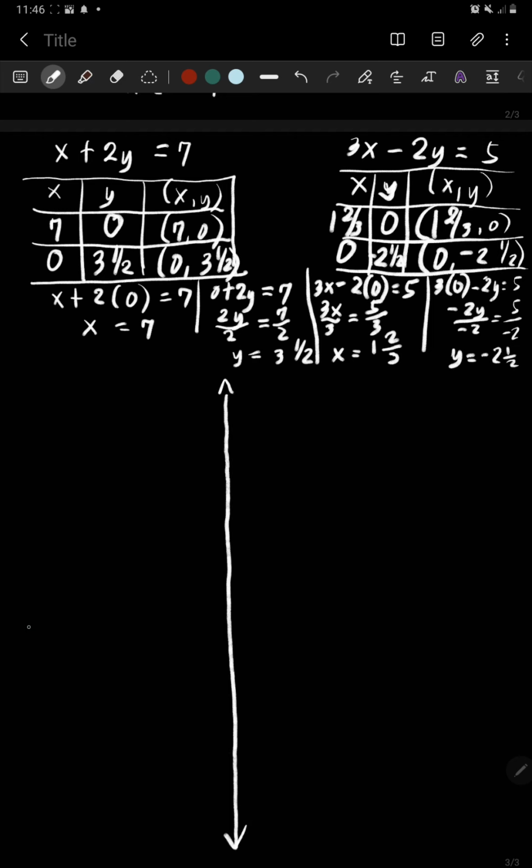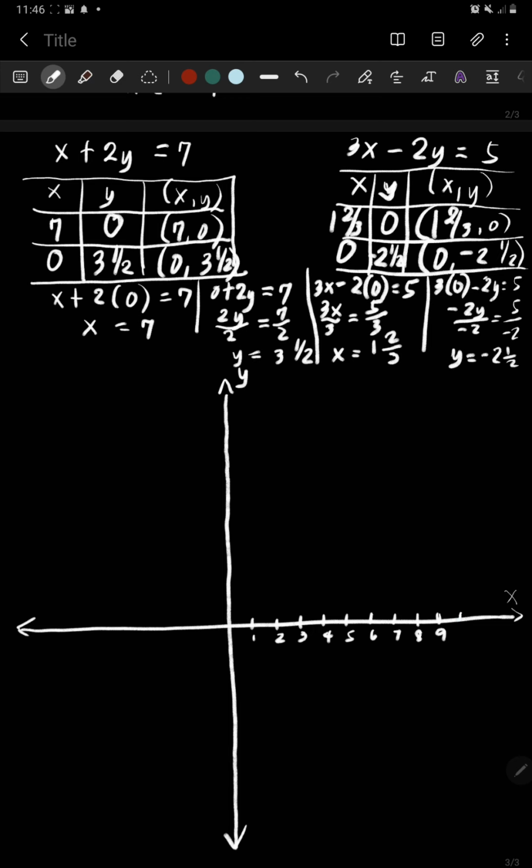Okay, we need to make a Cartesian plane. Your y-axis and then your x-axis. To make a Cartesian plane, see to it the distance or the gap between two numbers is consistent. If we choose 1 unit, all the axes have a gap of 1 unit.